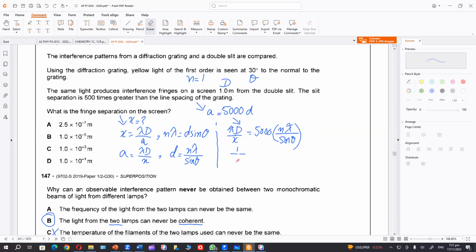Acha, x I have to find. n is 1 upon sine 30 degrees. So you have to rearrange and find the value of x.